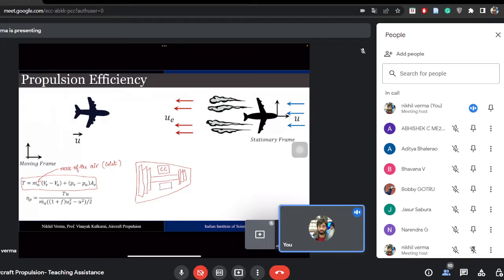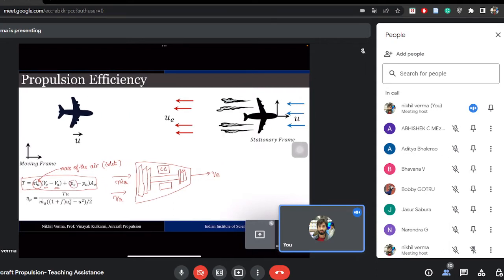So basically this m dot a represents the mass of air that is coming into the engine. The second term represents the exhaust velocity of the gas. Higher the exhaust velocity, higher will be the thrust. Similarly, VA is the velocity at which the air is coming into the engine.